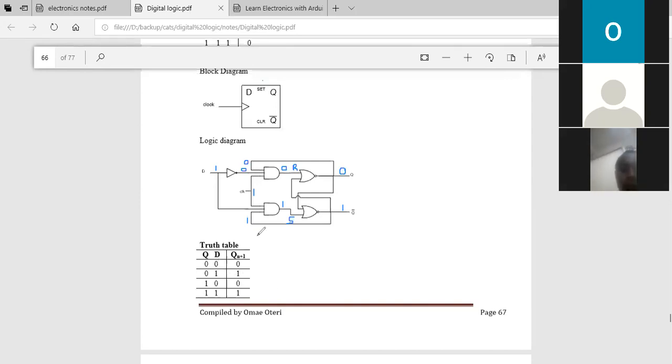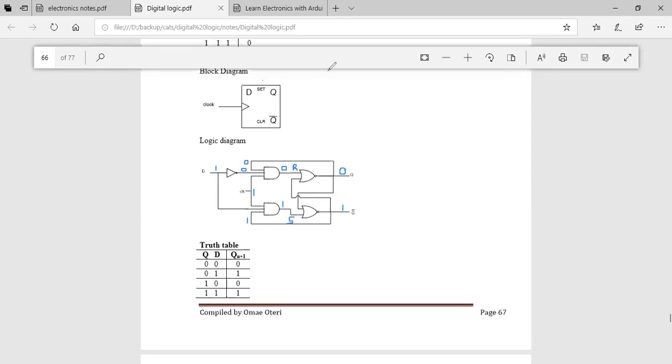So let's look at the other combinations, and you realize that when we change this now to 1, Q will be 1, and therefore what you are feeding back there is 1, and definitely this will be 0. So we are going to have a few changes here.